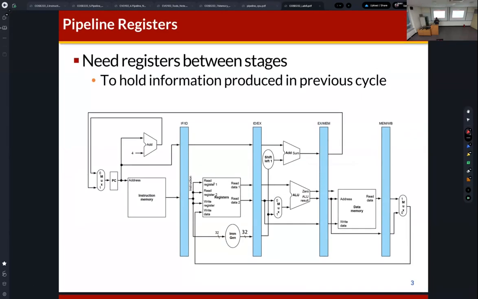We need to insert pipeline registers between stages, right? We need to insert the instruction fetch/ID pipeline register between the instruction fetch and ID stages. Okay. As I mentioned, we can start from the single cycle processor design, and we need to insert pipeline registers.